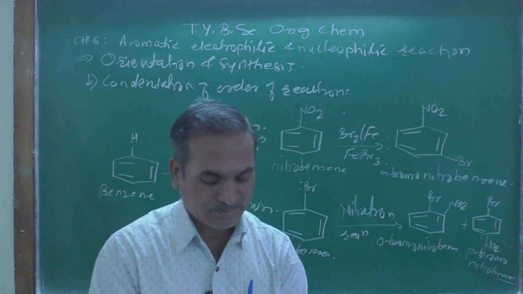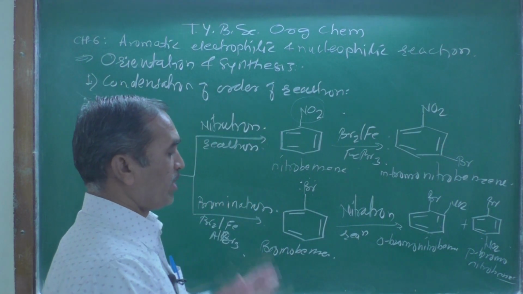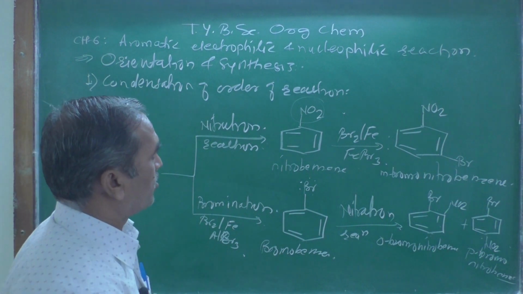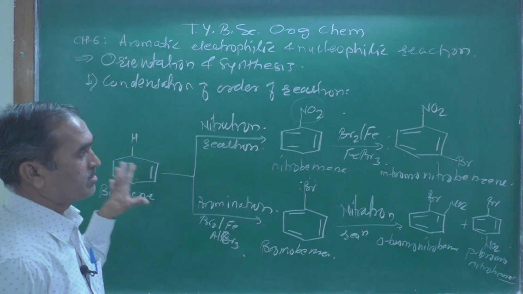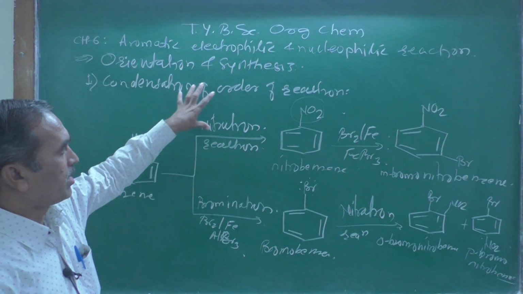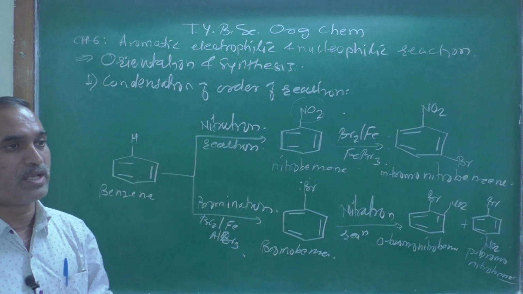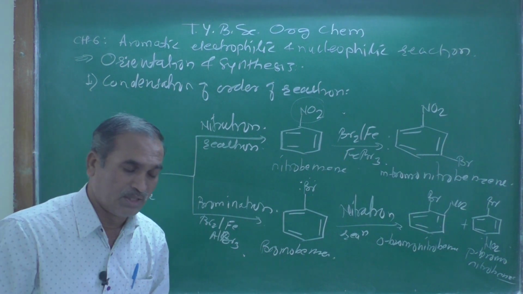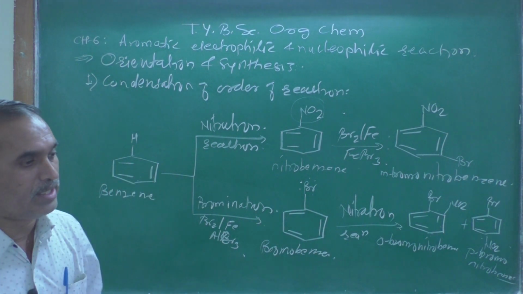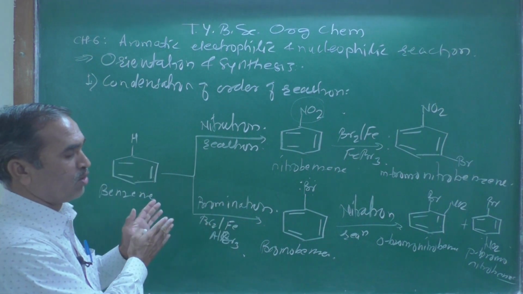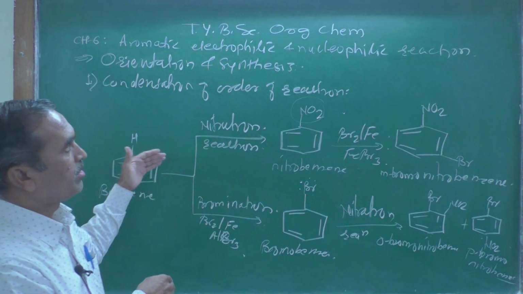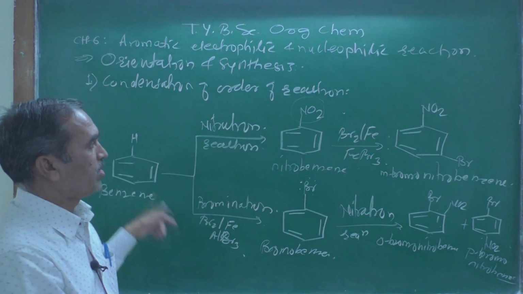I think with this we have seen how the order of reactions matters. This is the example when benzene is first treated with nitration. Depending upon what type of product the chemist wants to prepare, he can carry out the reactions in this order.